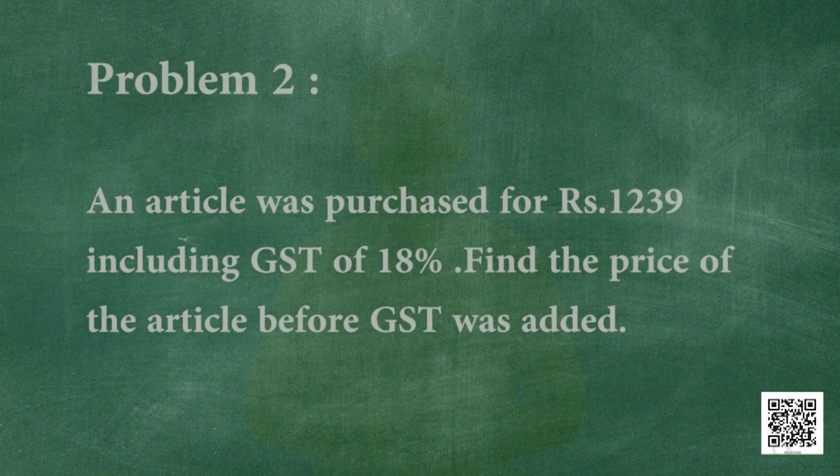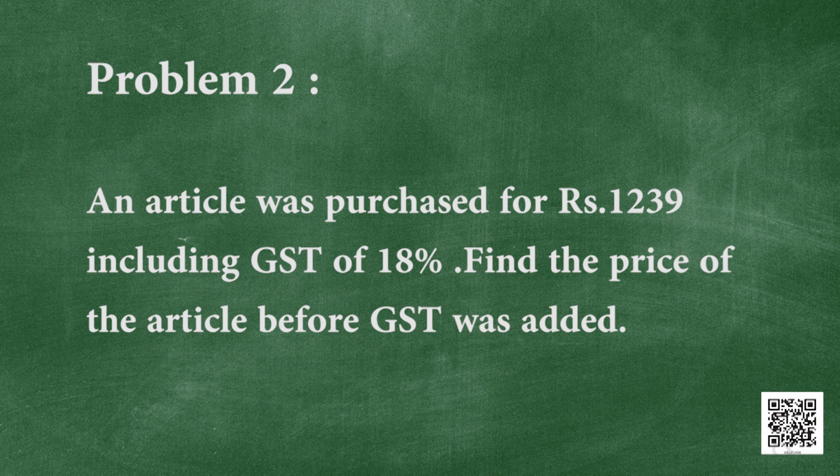Students, we have seen a problem based on sales tax. Now, let's try to solve a problem based on GST. The problem says an article was purchased for rupees 1239, including GST of 18%. Find the price of the article before GST was added.